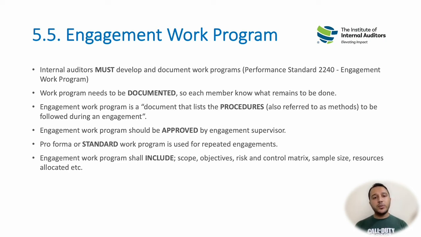A typical work program will include the following things: scope of the engagement, objective of the engagement, risk and controls, sample size, that is, what samples we are taking, and the audit procedures that we are performing, whether we will observe the environment or the physical existence, or we will be examining the documents, or we will be interviewing the people.